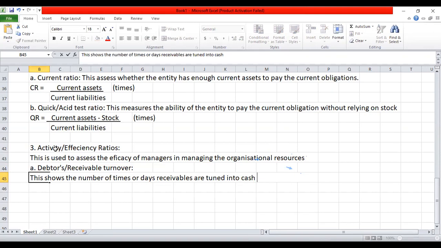In other words, how long do you take to collect from your customers? How many times do you collect from your customers? In that case, you're going to calculate the receivable turnover.